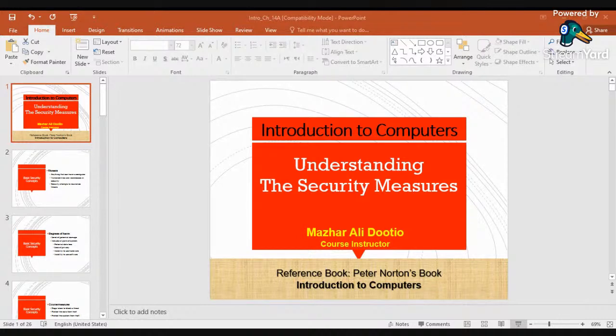Now, there are several countermeasures that may save your system from attackers, malware, hackers, and so on. A countermeasure is an action, device, procedure, or technique that reduces a threat or a vulnerability.